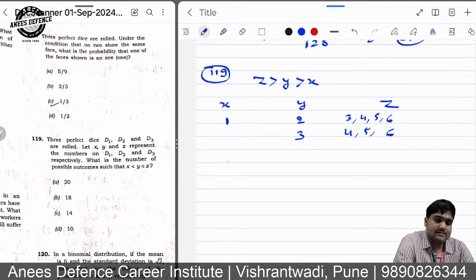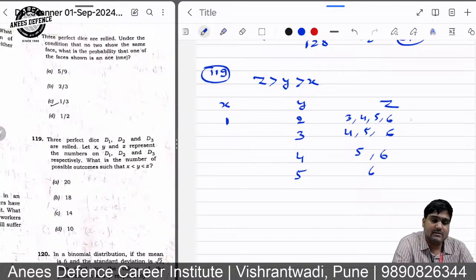If I take X as 2, then Y, oh no, I missed some more cases. If X is 1, then Y can also be 4, 5 and 6. If Y is 4, Z is 5 and 6, and if Y is 5, Z is 6. These are the cases.